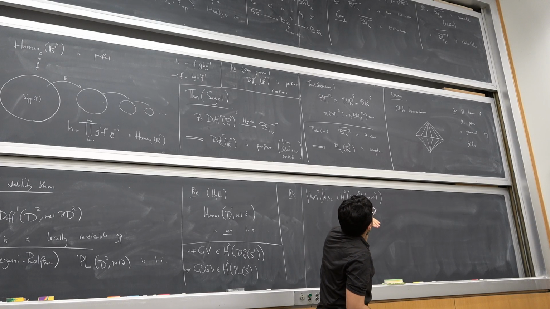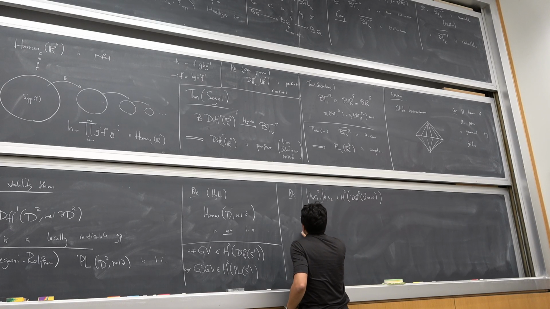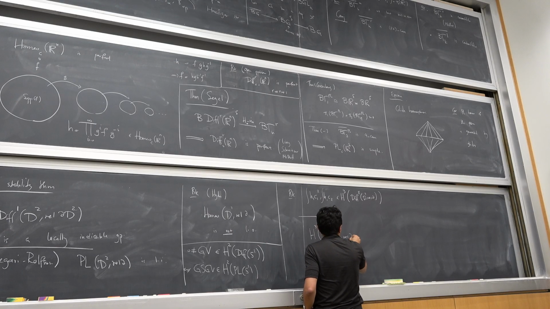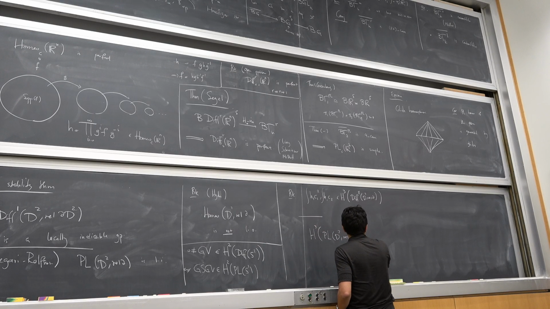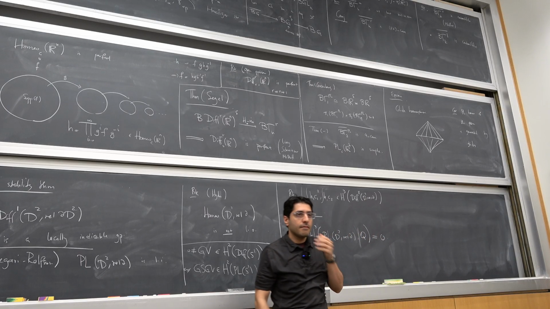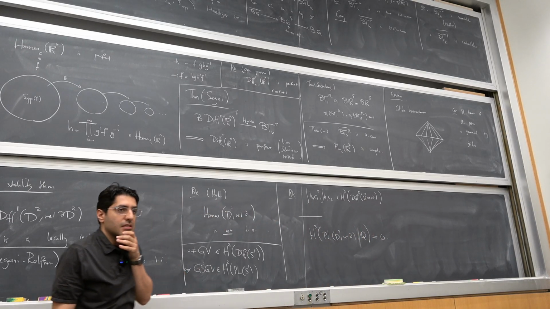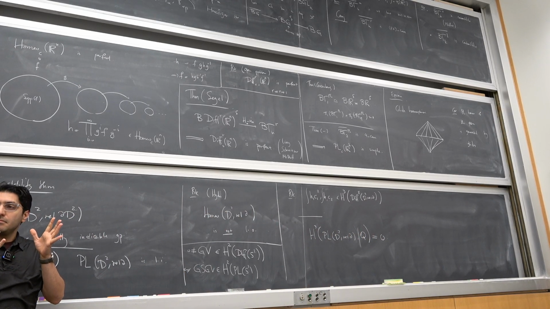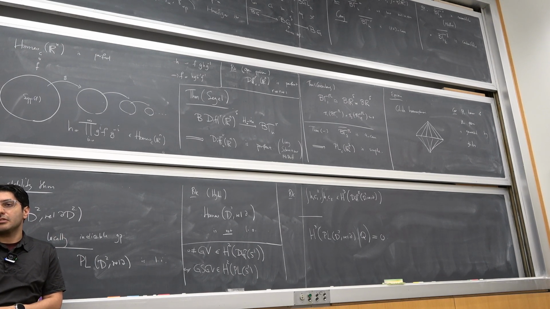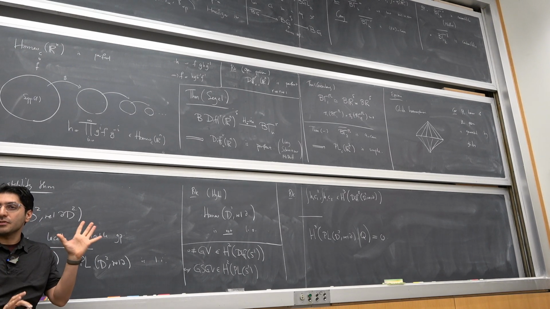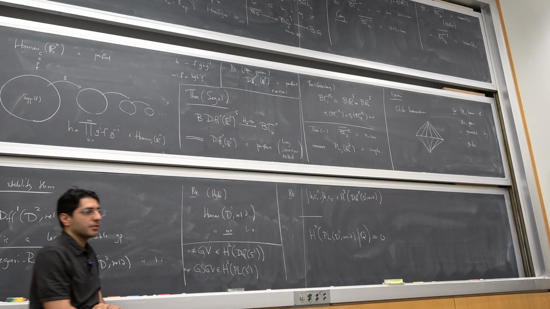But the theorem that I mentioned last time says that H3 of PL D2 rel boundary, at least with Q coefficients, is 0. Okay, so in dimension 2, we will see some difference between diff and PL.